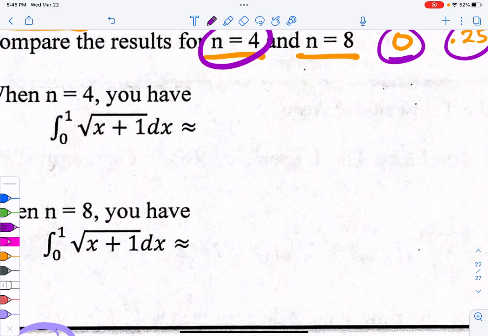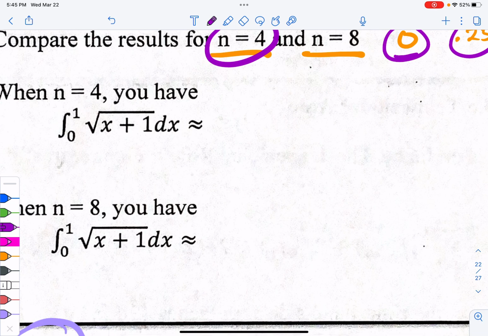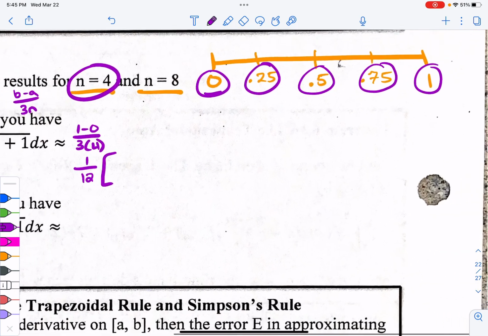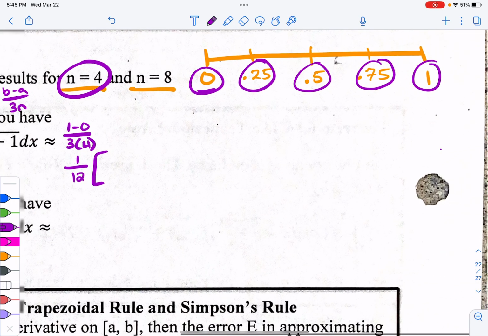Okay, all right, so the rule is, I'll write it up here, b minus a over 3n is the rule for Simpson's. That's what you're multiplying out in front. So b is 1, a is 0, 3n would be 3 times 4. So this is going to be 1/12, okay? And then I'm going to start to do my chunks here in the middle, okay? Chunk, chunk, chunk.